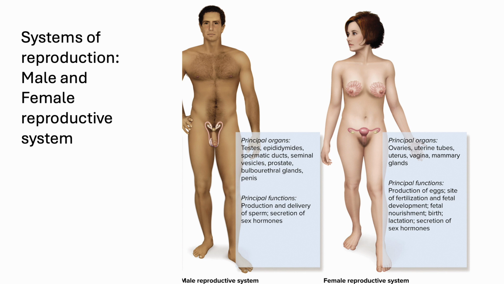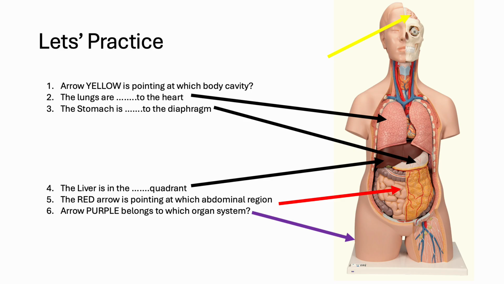And then we have the male and female reproductive system. So let's go back to the table. I can go back to the table, but what is in that table is what you need to know. All right? So let's practice.